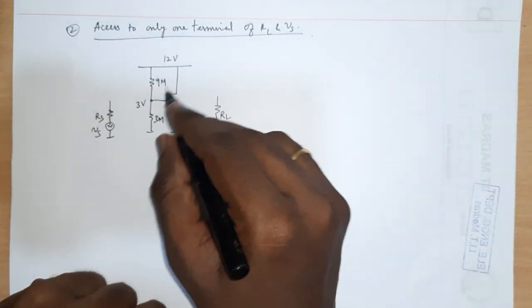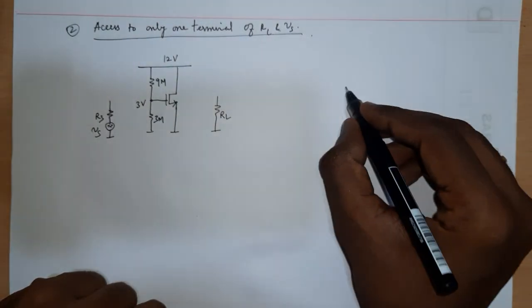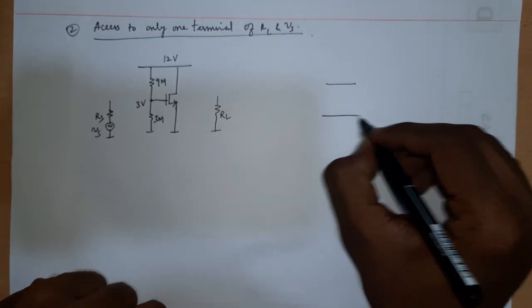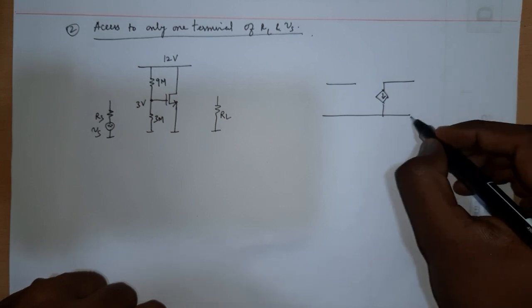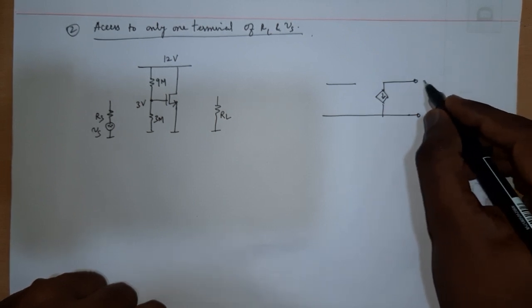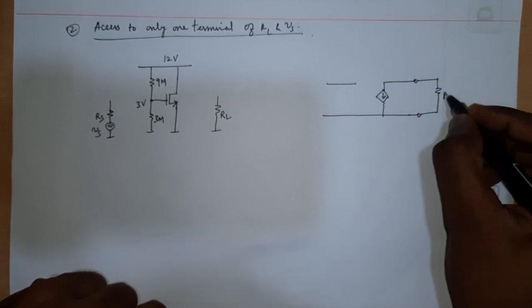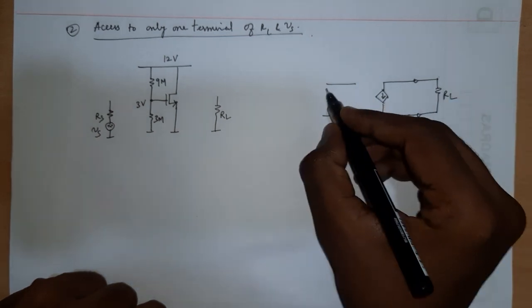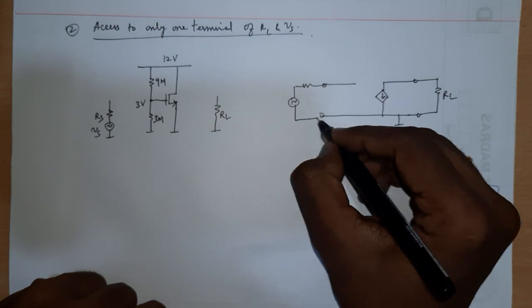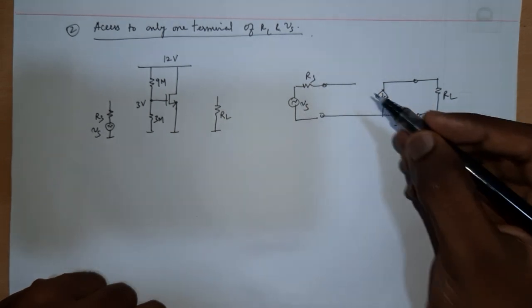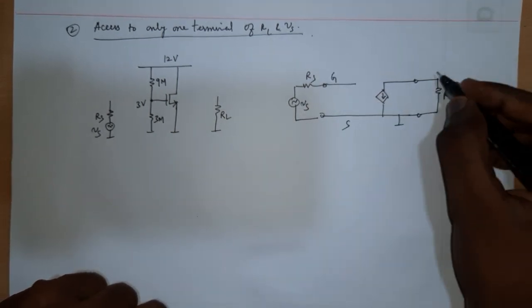So incremental equivalent for the transistor, let me draw again, because we established the fact that we wanted an incremental equivalent where load should be connected like this and then the source should be connected like this, Vs Rs. And this is a gate, source, drain.